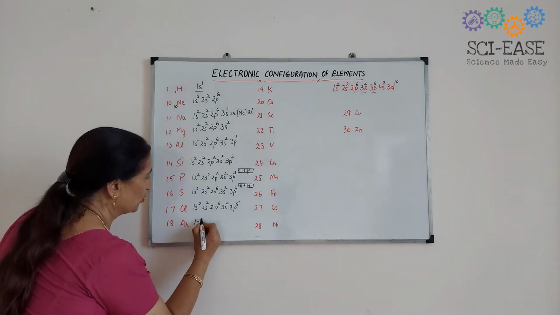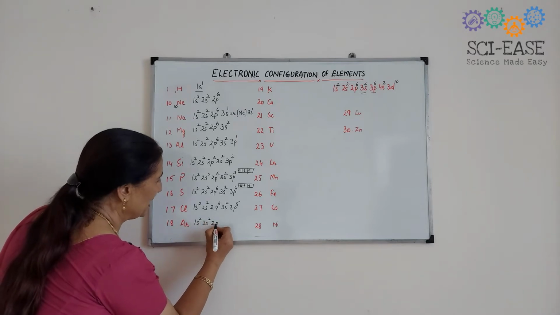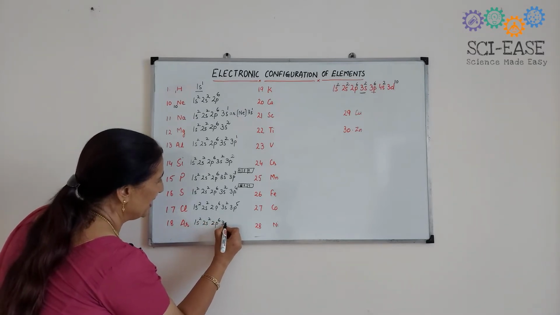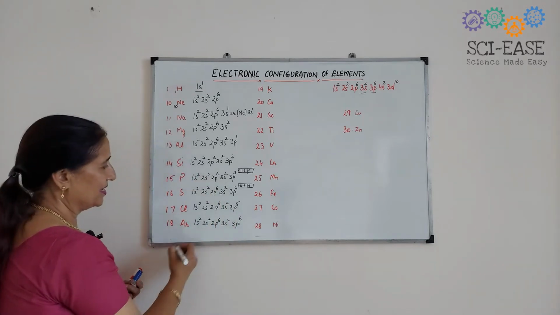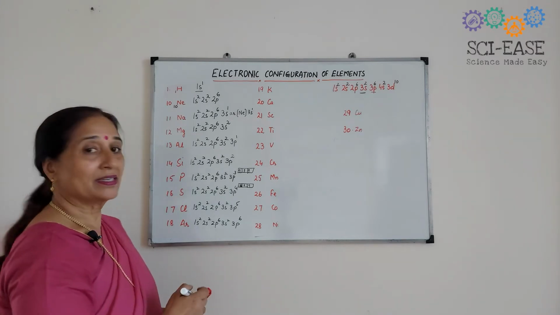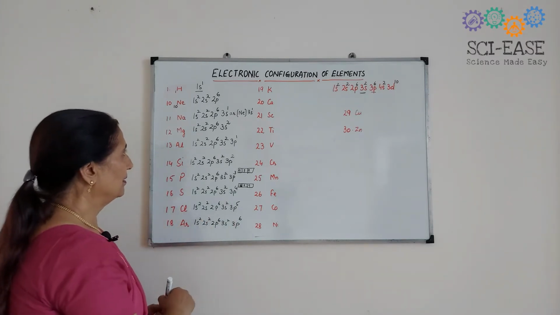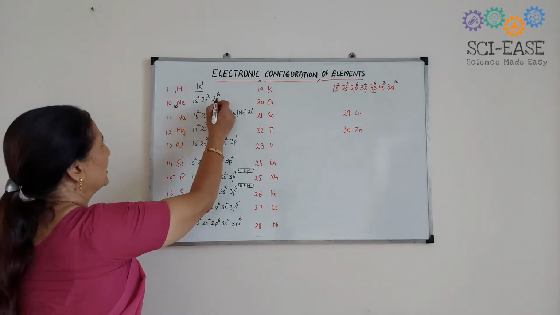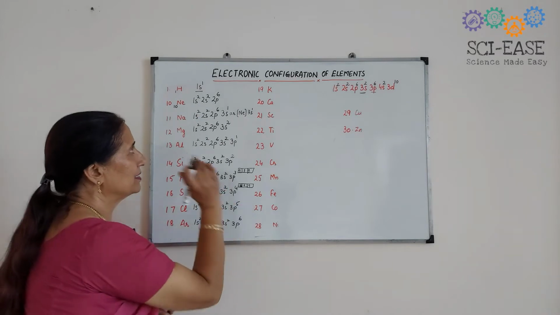So it is 1s2, 2s2, 2p6, 3s2, 3p6. So there are 18 electrons in argon, and here also, like neon has 2p6, here 3p6.